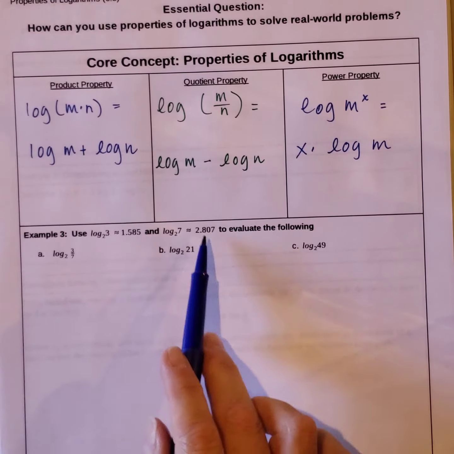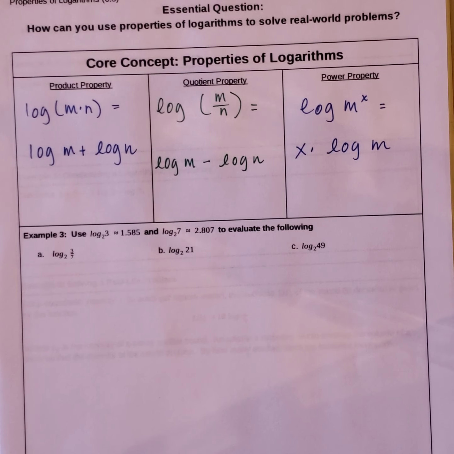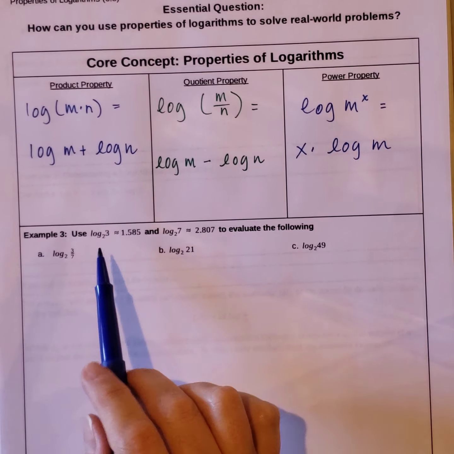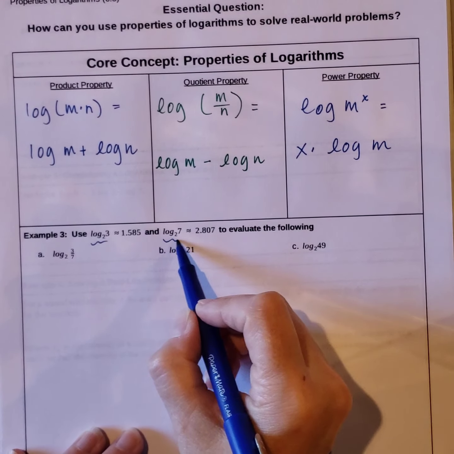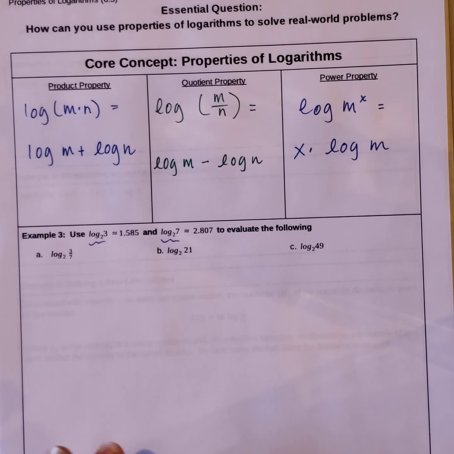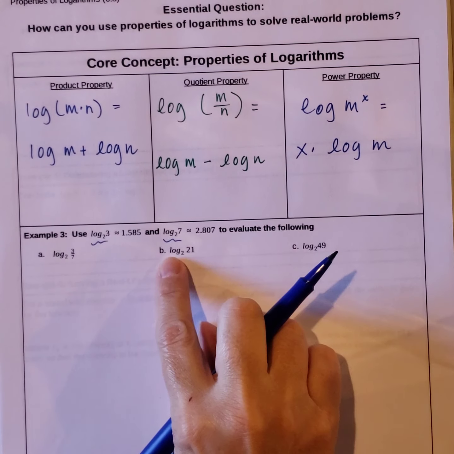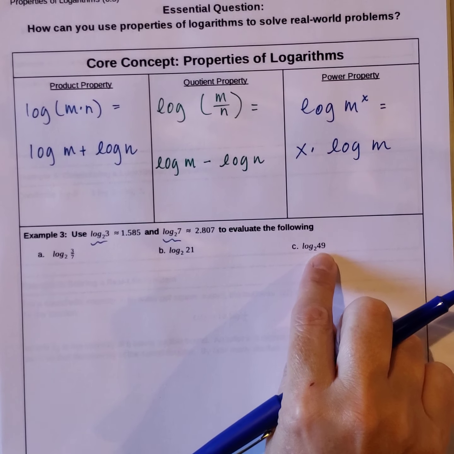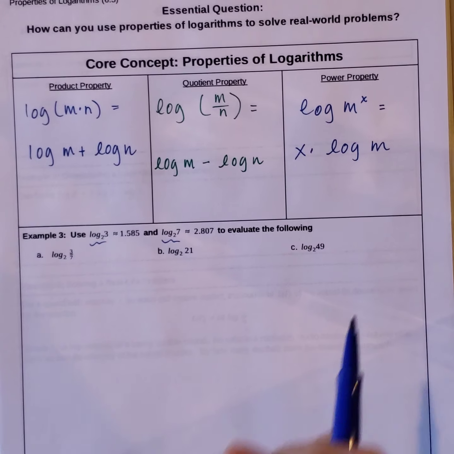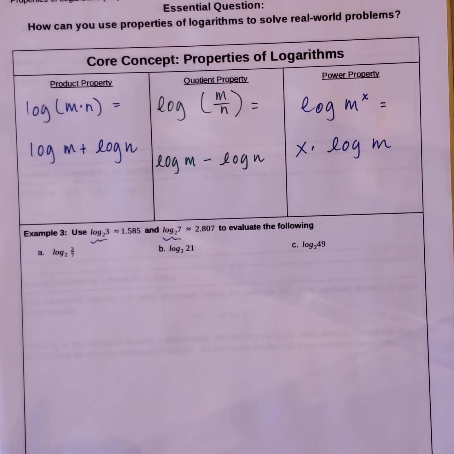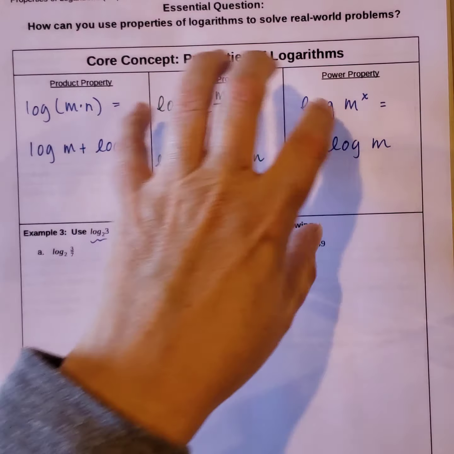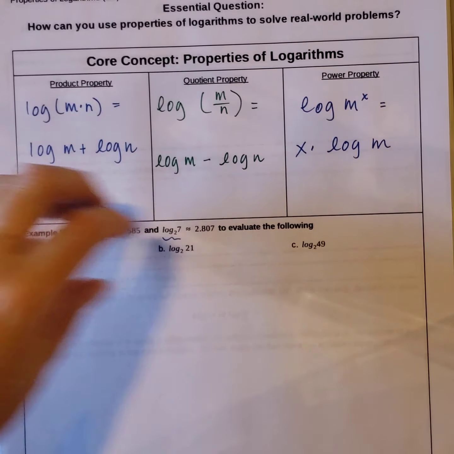So it's giving you these values already. We're going to use these values to solve these problems. We just learned how to solve these in your calculator, but they want you to use the properties we just described to solve these problems.